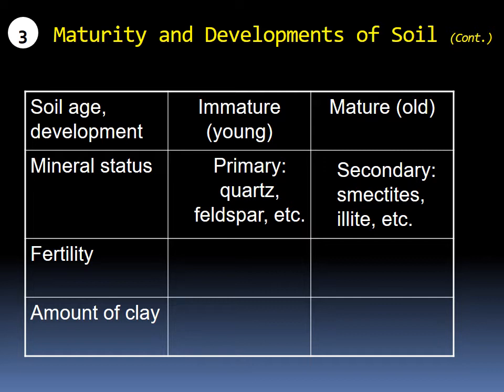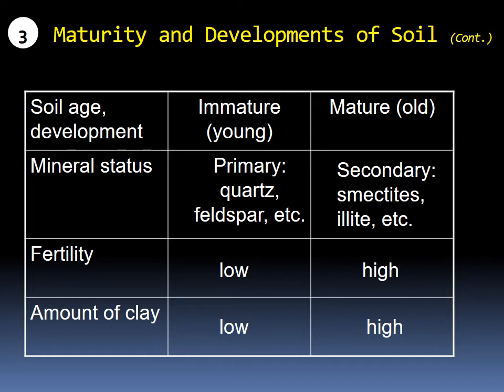That's why in a mature soil, you would find more of secondary minerals like smectite, illites, etc. Now, when you talk about fertility, you can say in general that a young soil has lower fertility than a mature soil. And if you compare the clay content, you would find that a young soil would have less clay content compared to a mature soil.